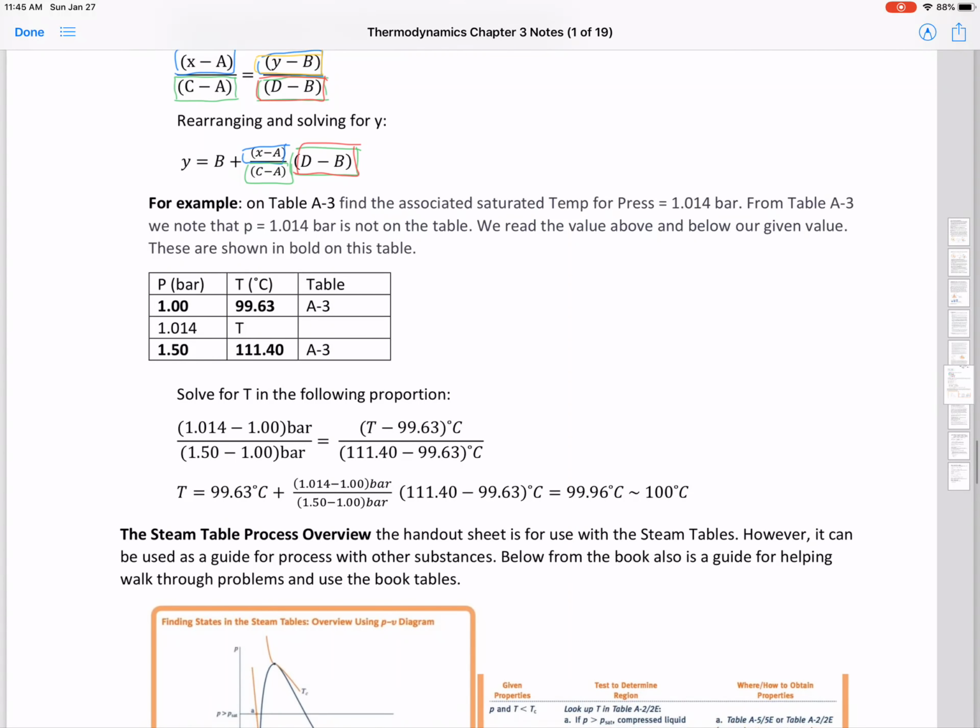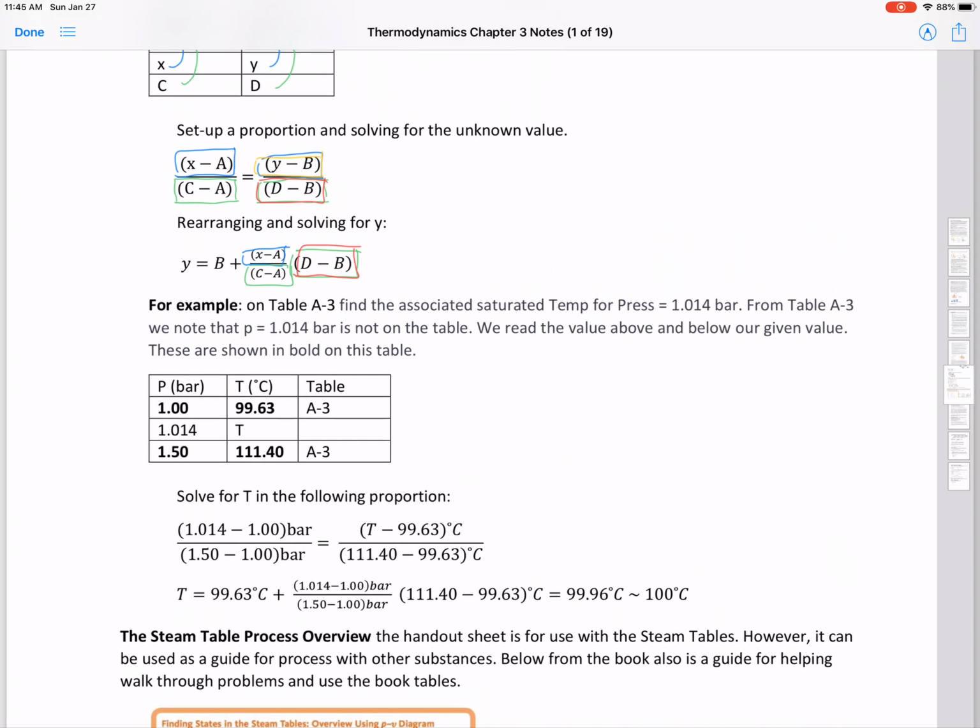So here's a little example. And we can use that same little algorithm to do this. On table A3, I found the associated saturated temperature for a pressure of 1.014 bar. And on table A3, we note that a pressure of 1.014 is not on the table.